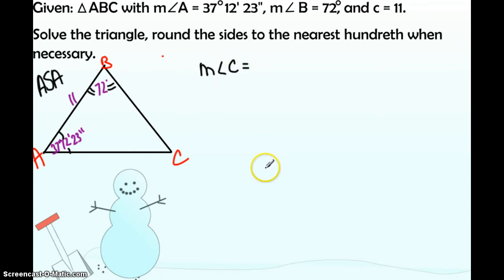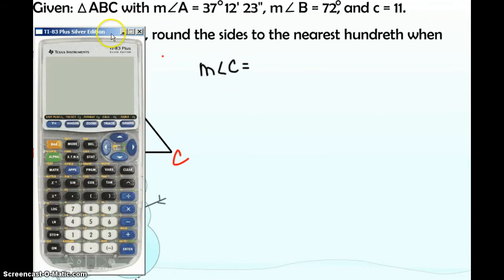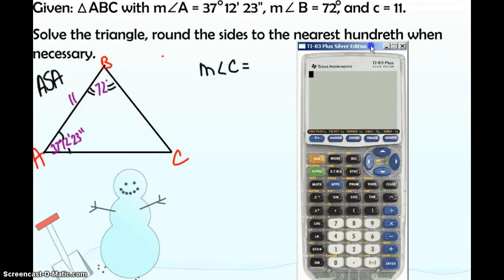Once we solve for the measure of angle C, then we can figure out the ratios. So let's use our calculators and review how to use our calculators for degrees, minutes, and seconds. Triangle sum theorem, so I'm going to take from 180 degrees and subtract 72. I'm going to subtract 37 degrees, so we want to go second angle, get our degree. We need 12 minutes, so second angle, get the minute marker. And I want 23 seconds, and seconds is a double quote, so we want alpha, and it's right above a plus sign.